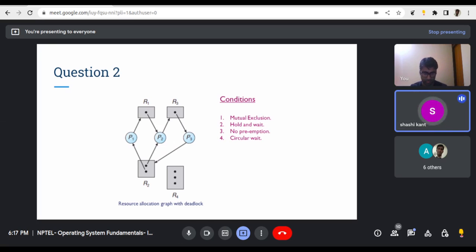But if there is a single resource and a process is holding it indefinitely, then it will be a busy waiting kind of situation, but not deadlock. I just want to understand the different concept.